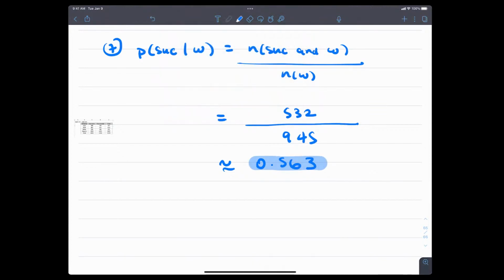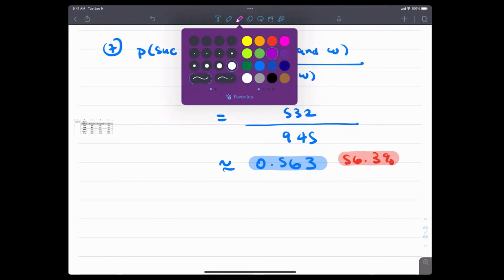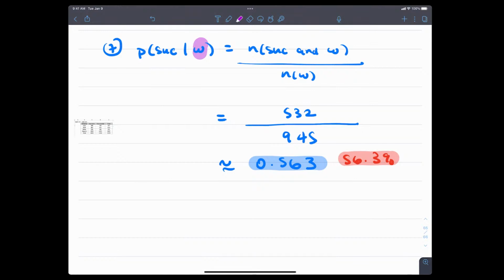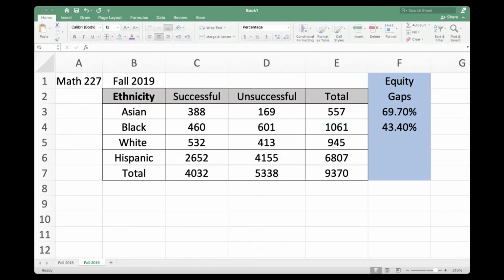This is 56.3%. So 56.3% of white students passed Math 227 in the first year of AB 705. So we put that in our column.